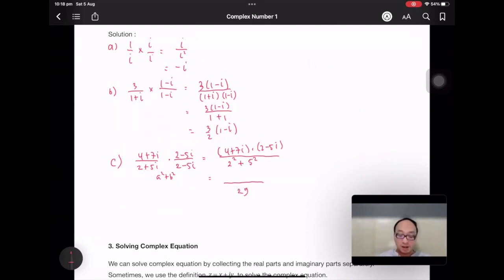And the top will be 8 minus 20i plus 14i minus 35i squared. Again, simplify: i squared is -1, so it's positive 35. 8 plus 35 is 43, minus 6i, over 29.